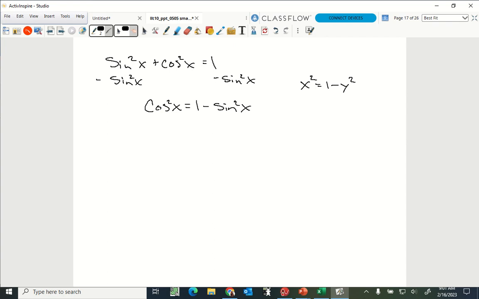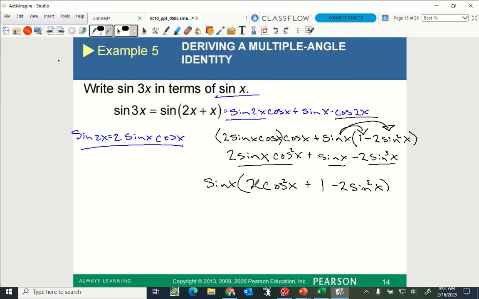I know it's been a while since we started doing this, and I have thrown a whole bunch of formulas out there for you. But yeah, we're going to use this because I don't want cosines. So 1 minus sine squared x is going to replace that. So I'm replacing this.